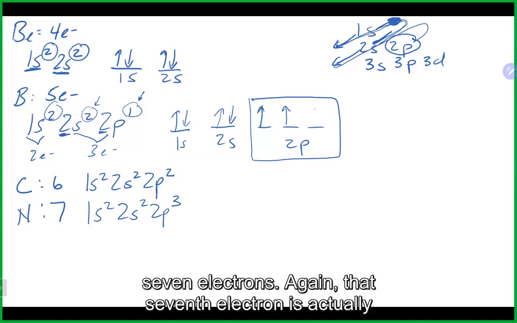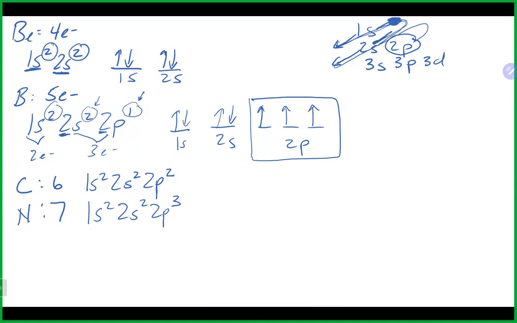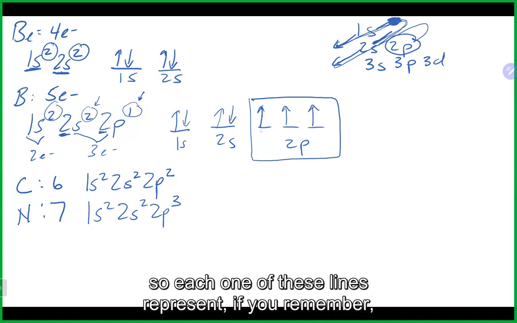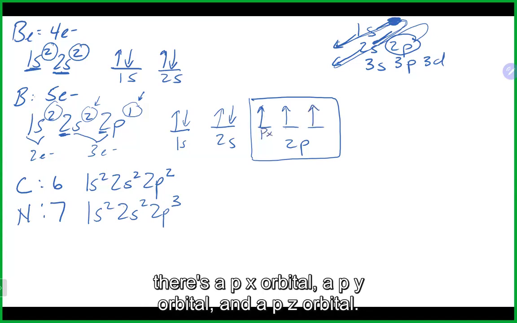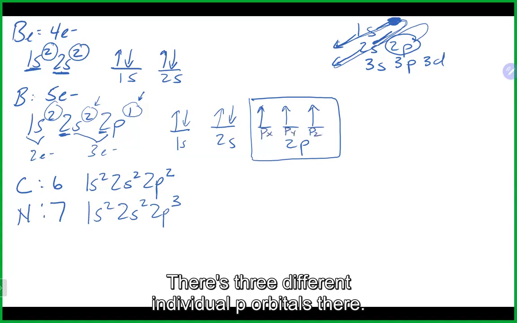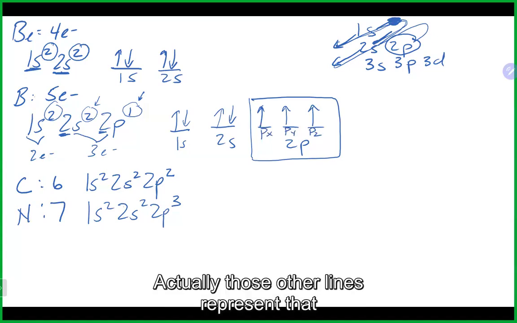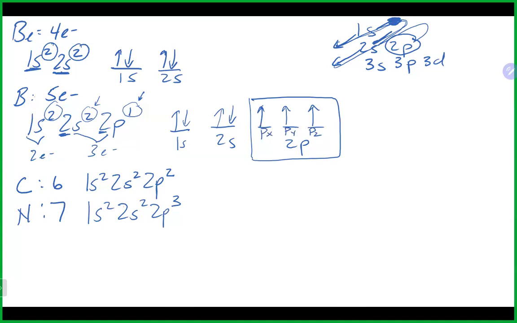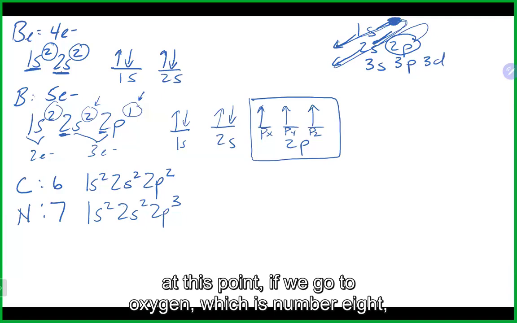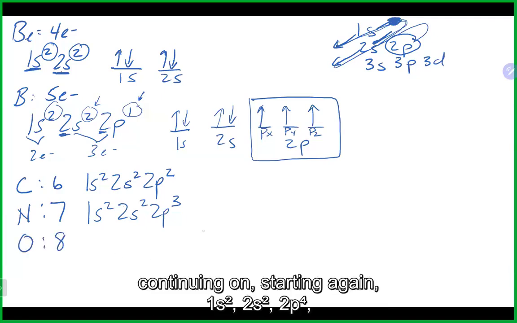Again, that 7th electron is actually going to go in the last orbital. Each one of these lines represents, if you remember, a px orbital, a py orbital, and a pz orbital. There's 3 different individual p orbitals there. At this point, if we go to oxygen, which is number 8, continuing on, starting again, 1s2, 2s2, 2p4.